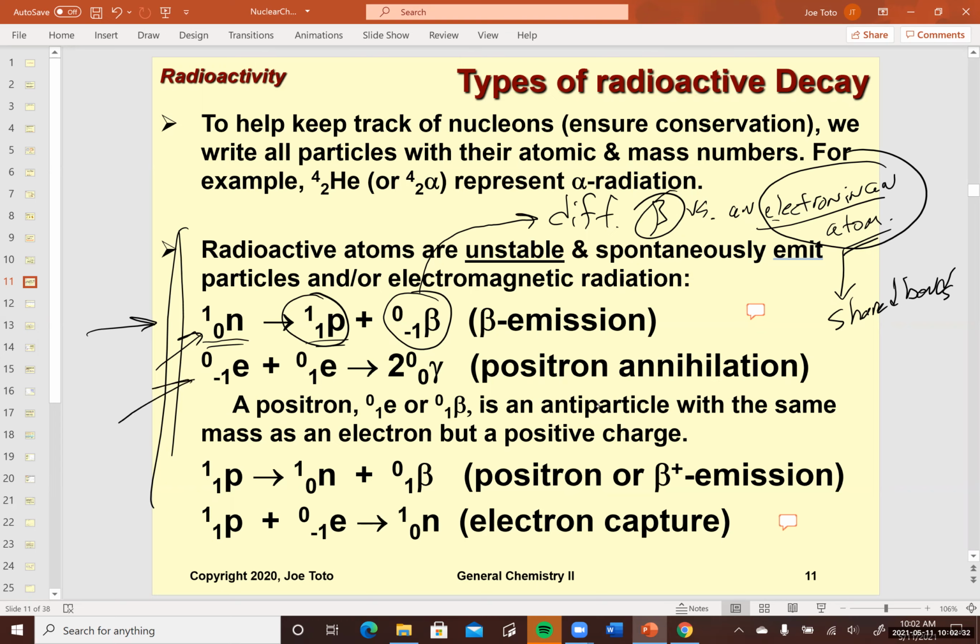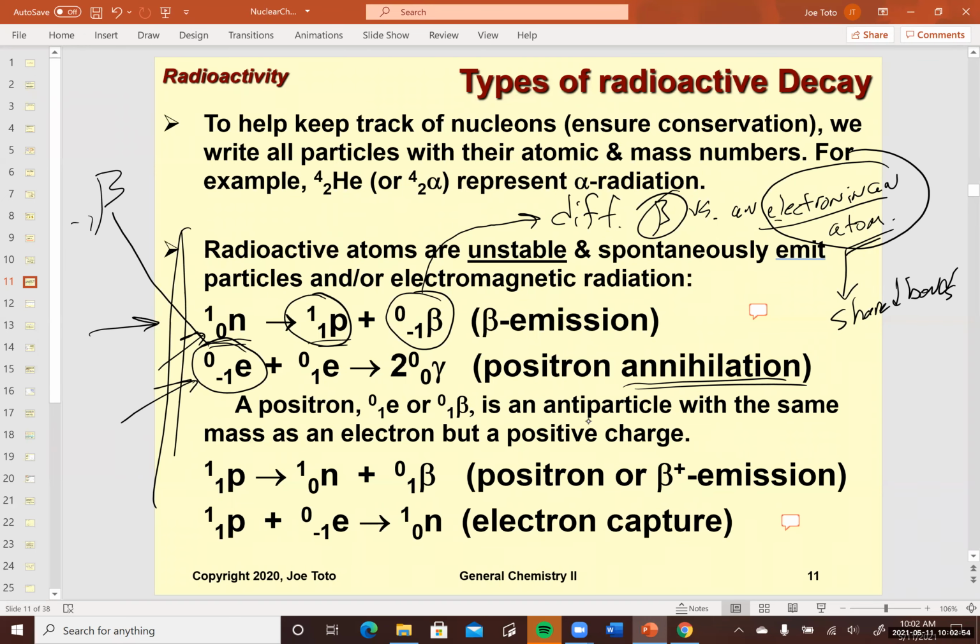The second one exemplifies an annihilation. Whenever you have antiparticles meeting, here I have the electron, and by the way, this is another way to represent a beta particle. You'll see this sometimes as a beta, or you'll see it as an e, and it means the same thing. So I have an electron, and this guy is a positron.